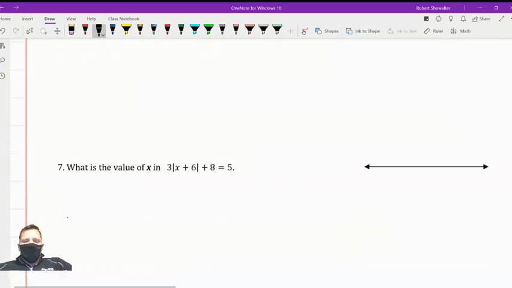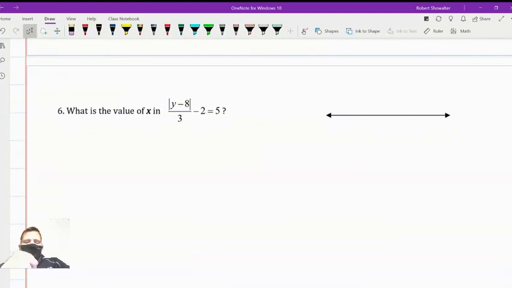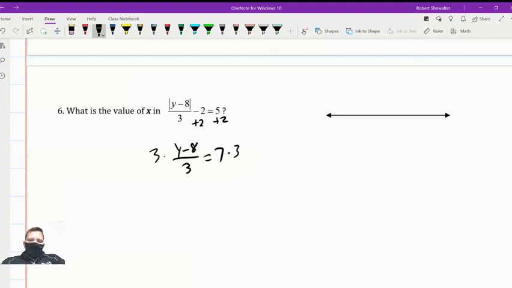Okay, let's do one more before we move on for the day. This one, we're going to dig out that absolute value: plus 2, absolute value of y minus 8 over 3 equals 7, times 3, the absolute value equals 21.